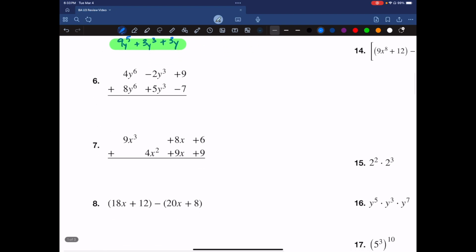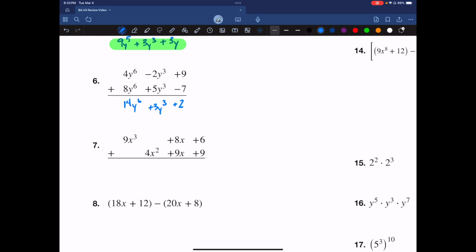Any of these polynomial operations, add, subtract, multiply, whatever, when you do it vertically, in certain situations it's actually easier. So I just add my columns. 9 minus 7 is positive 2, negative 2y cubed plus 5y cubed, and it's going to be plus 3y cubed. It's going to be 14y to the sixth, right?